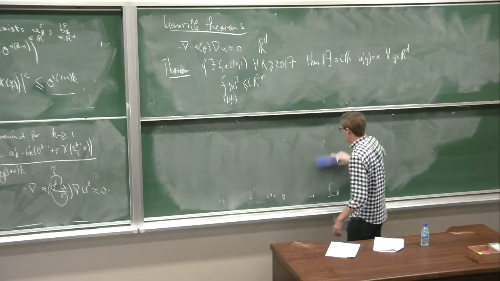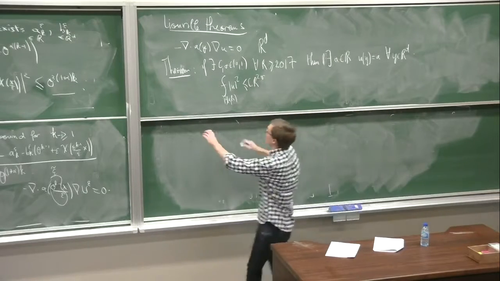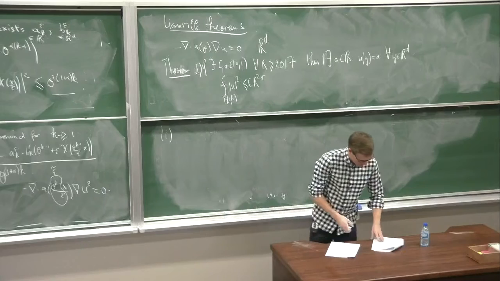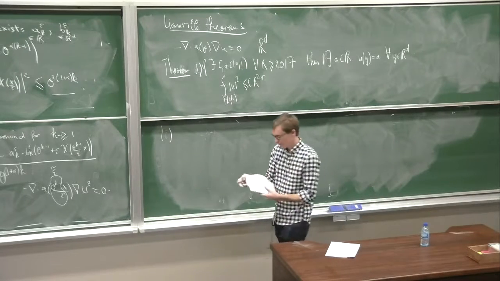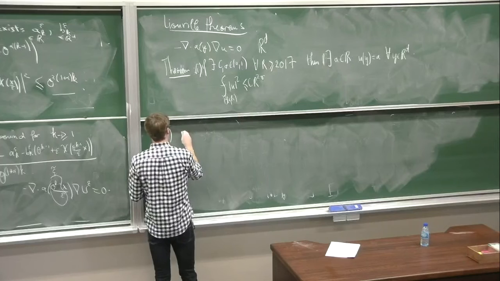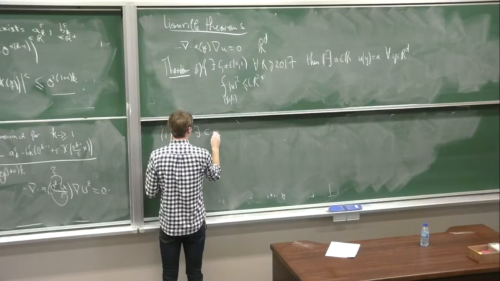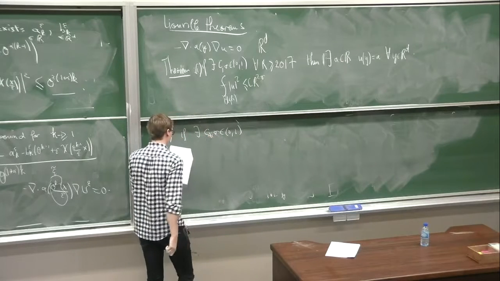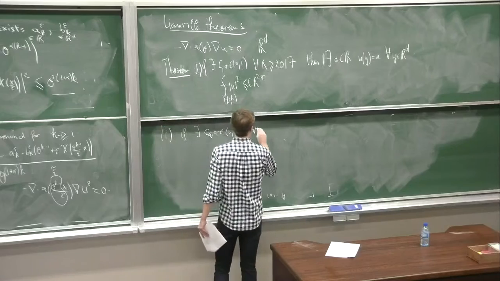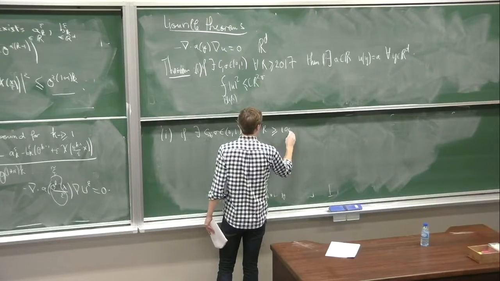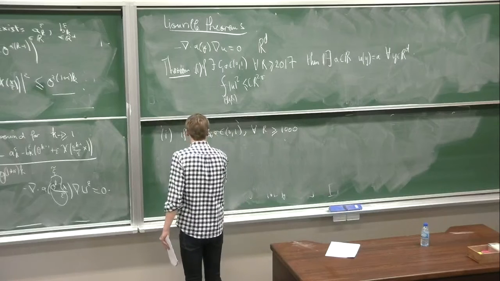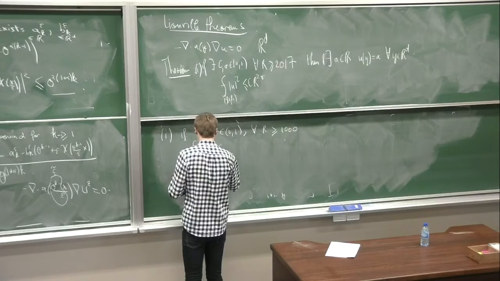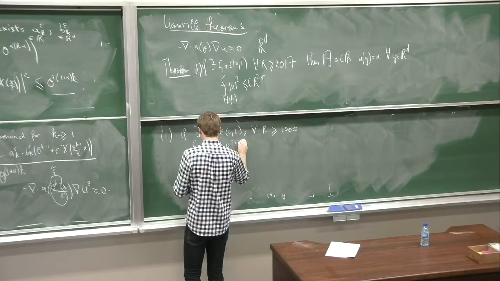And the second part of the theorem is: if there exist C bigger than 0 and sigma in (0,1) such that for all R bigger than 1000, the mean of u squared over B(0,R) is smaller than C R^{2+2 sigma}.